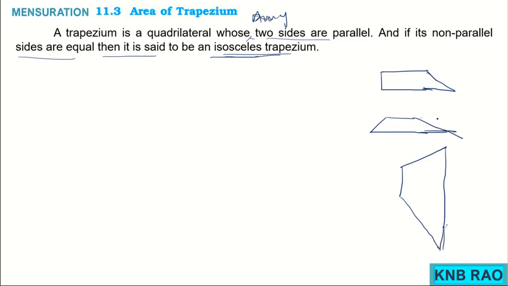So these are all possible trapeziums. Okay, the singular is trapezium and the plural is trapezoid. Okay, now I will give you one more isosceles trapezium. Let me first wipe out this.